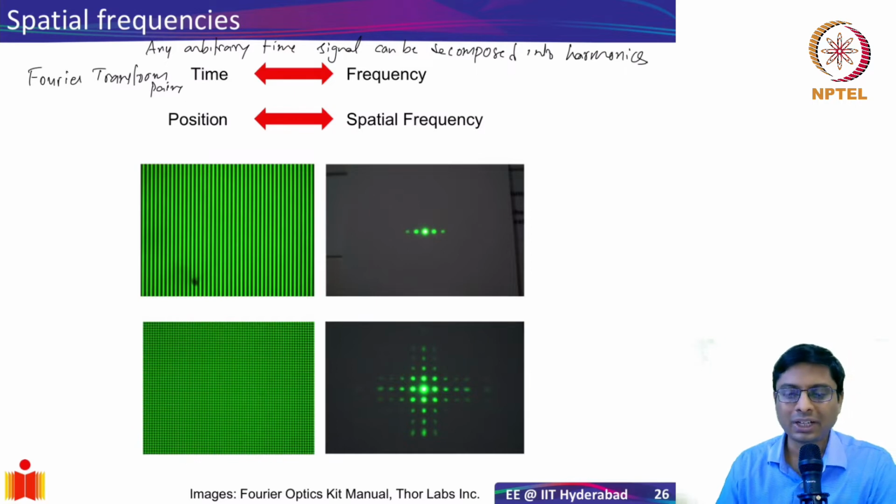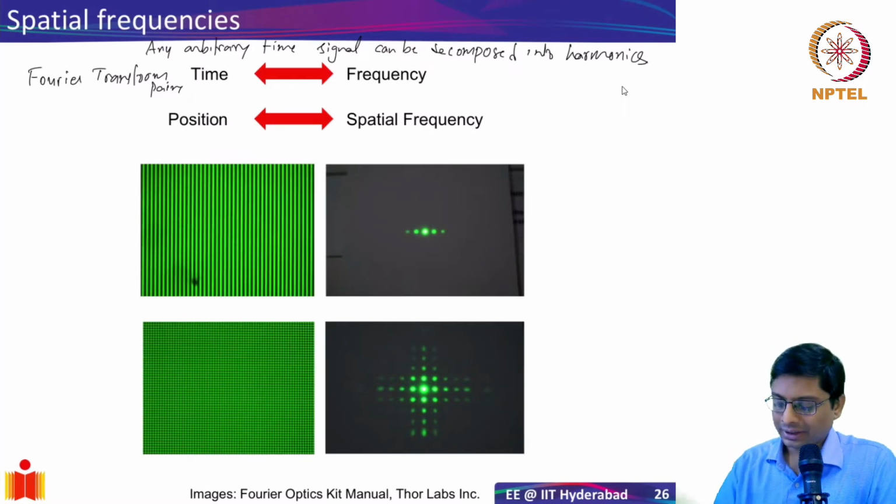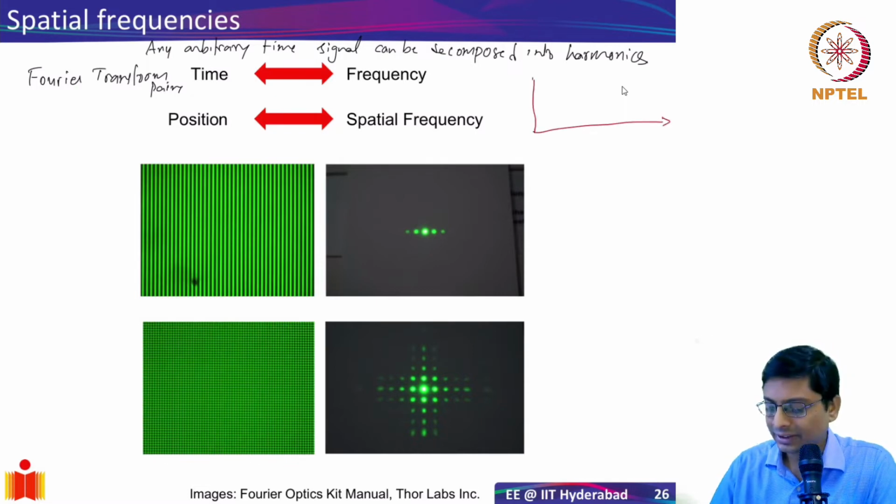When you have them, you can construct any signal out of them. The weights of the linear combination will change. That's it. Now we want to extend that into the space domain. So instead of the time axis, we can construct a similar concept of a frequency in the space axis.